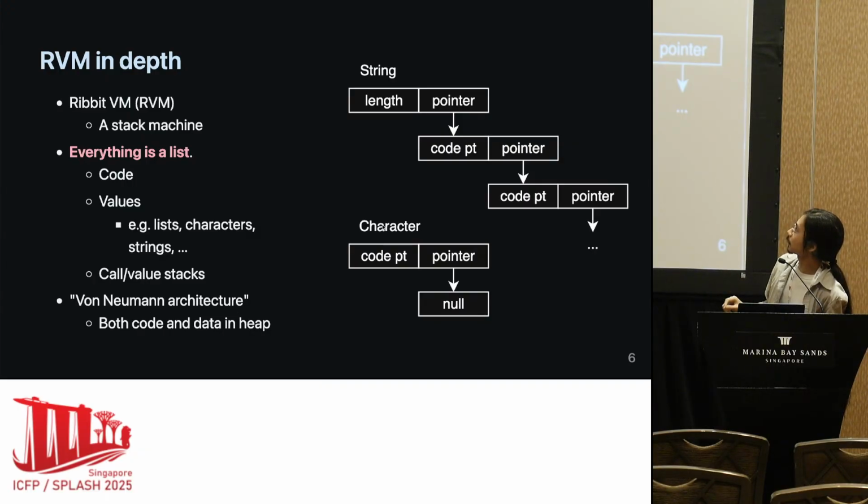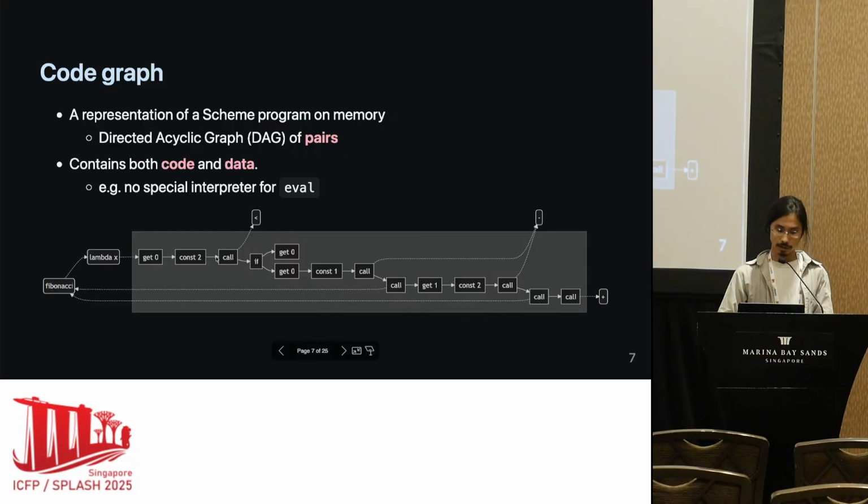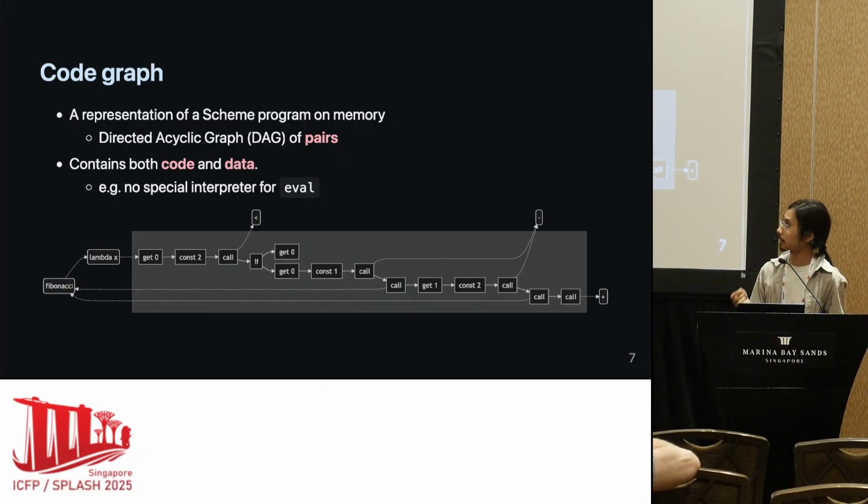The root pair is just a pair of the length of the string and a pointer to the list of characters, and the list of characters just stores the code points. The RVM representation of a Scheme program is called a code graph, and it's actually just a DAG of pairs.